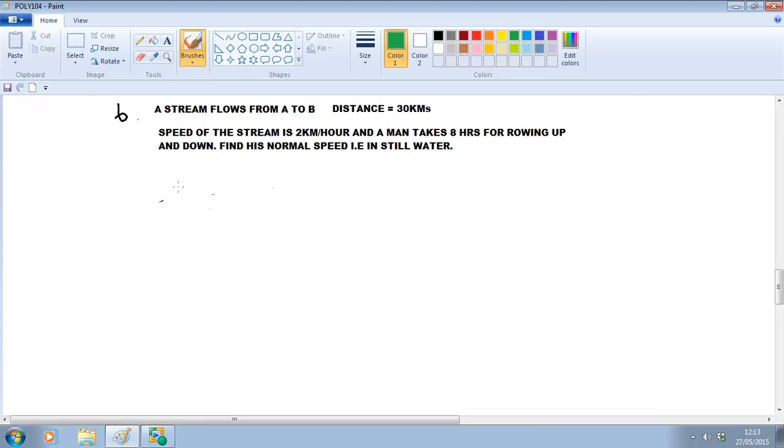So we will take distance between A to B is 30 kilometers. First, what is given: rate of flow of the stream is 2 kilometers per hour. So total time 8 hours, given.